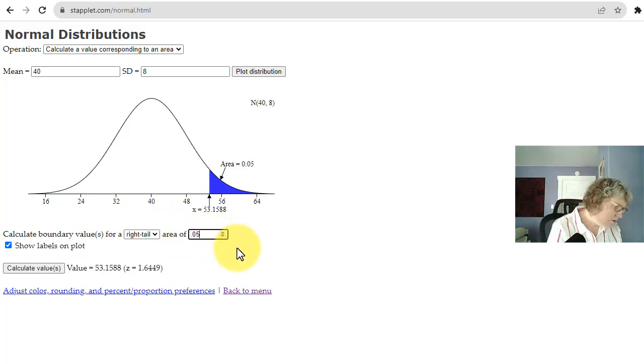Okay, so on this one, the z-score is 1.6449, so I'm going to go 1.6. And this value is 53.1588.